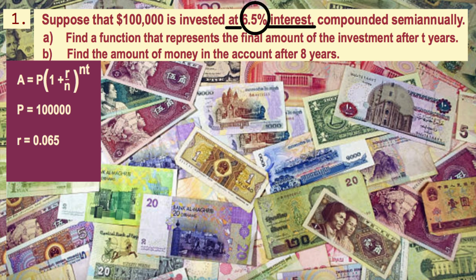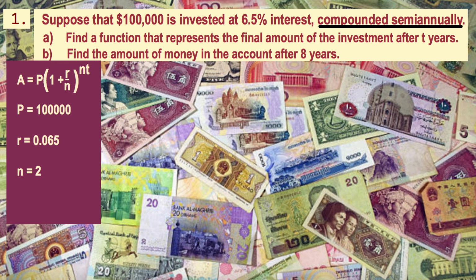We can rewrite that as a decimal of 0.065. n is equal to 2 because it is compounded semi-annually, or twice per year. Finally, t is equal to t. We're looking to find it, so we take a variable to represent it.